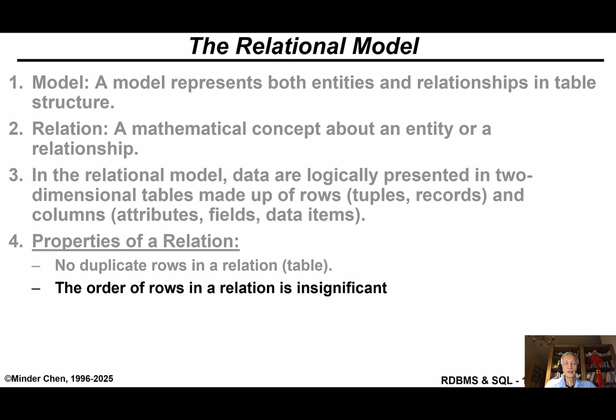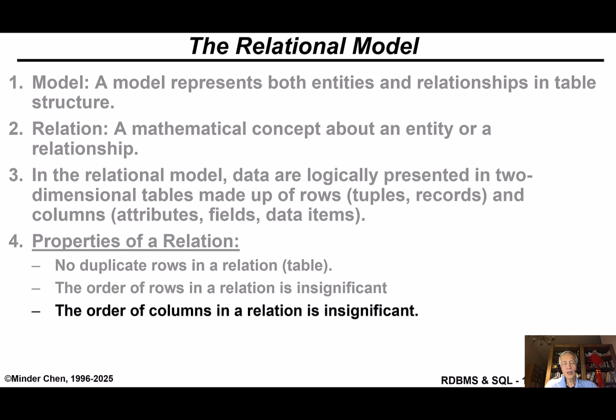The order of rows in a table is insignificant, which means we don't really care how data in a table are ordered. The reason is that when we retrieve the data out of the table, we can sort it through our SQL statement. Therefore, we don't really care about the physical ordering of the rows in a table.